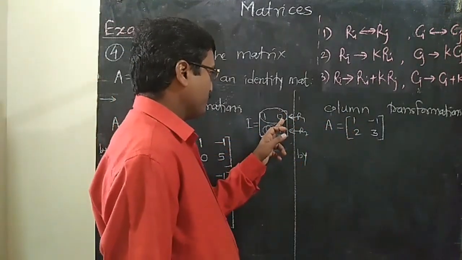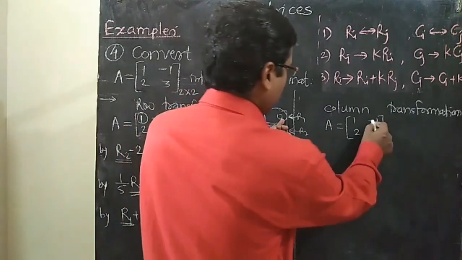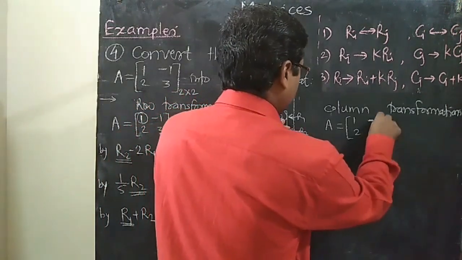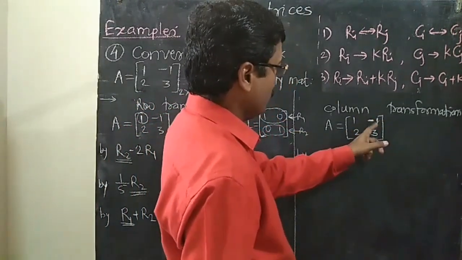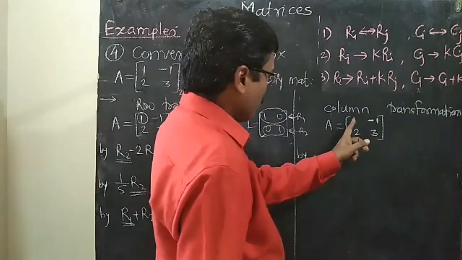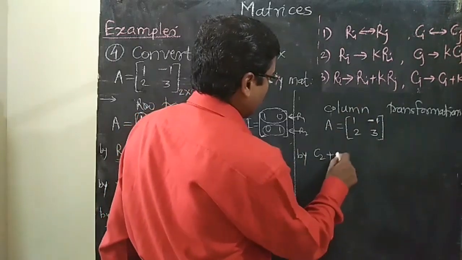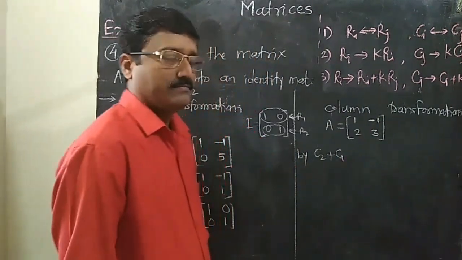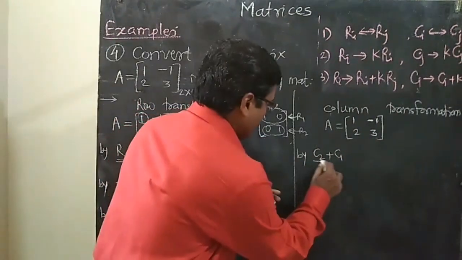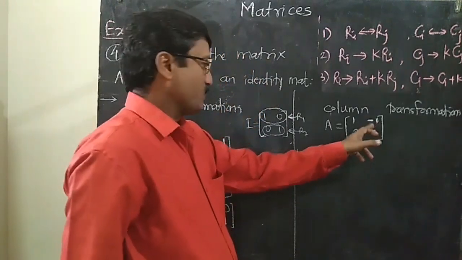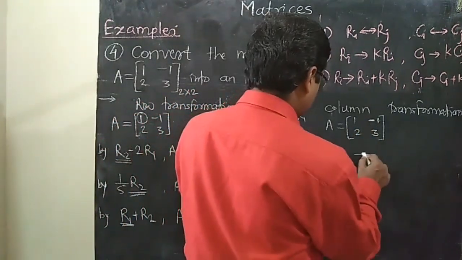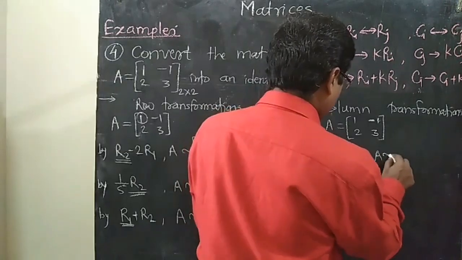The second element of the first row should be 0, but here it is minus 1. So if we add the first column to the second column, means by C2 plus C1, we will get a change in C2 because we want to change the second column.